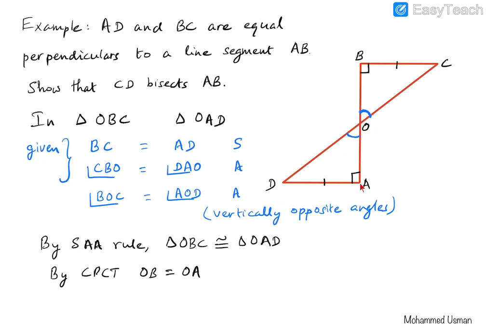If OB is equal to OA, it means that this line segment CD is bisecting AB. Therefore CD bisects AB. Okay, so once you prove congruence, proving the other questions becomes much simpler, because all you have to do is to apply the CPCT rule. But you have to be careful to apply the CPCT rule and make sure that you write the lines and angles correctly, which are corresponding parts.